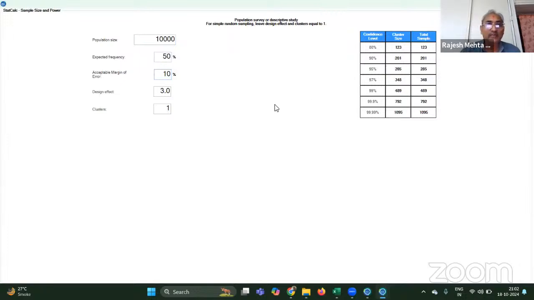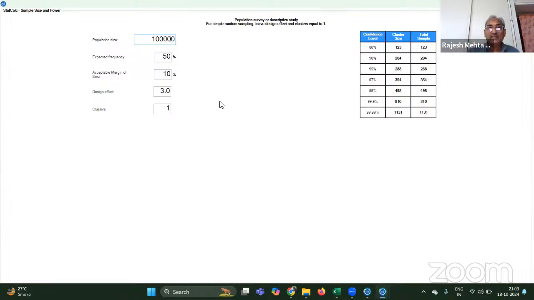If more error is allowable, need a small sample size. So from the whole population, or let's say 1 lakh patients flow in a year, you want to take out of that, then 1 lakh population of the patients will be over here. This is how you can calculate sample size from where you want to study the population survey.